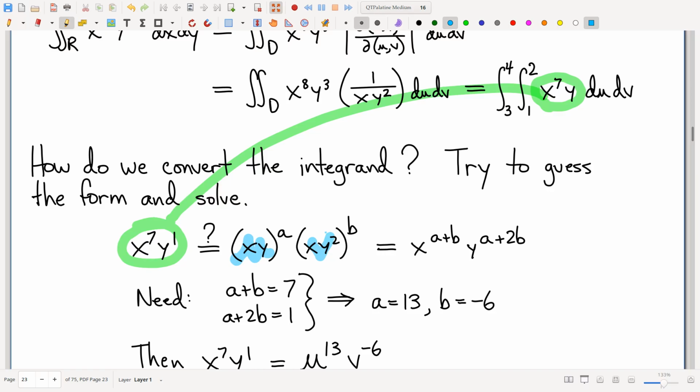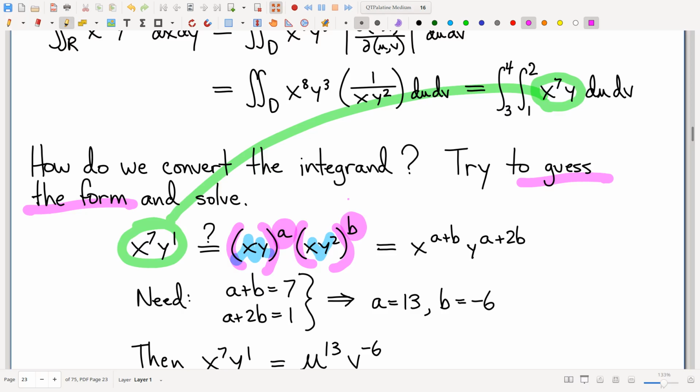Now, here's where I'm going to speculate, and this is a guess. I'm going to take a guess as to what the form of the answer might be. This is a wild guess. Seems reasonable, though. If I have products of powers, and if I take a product of powers of those products of powers, I think I'm going to get a product of powers.